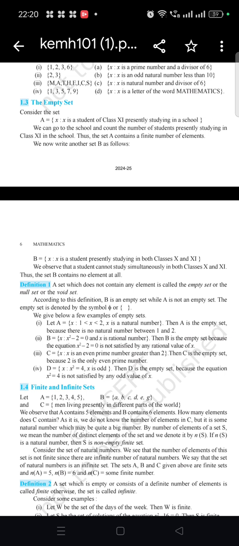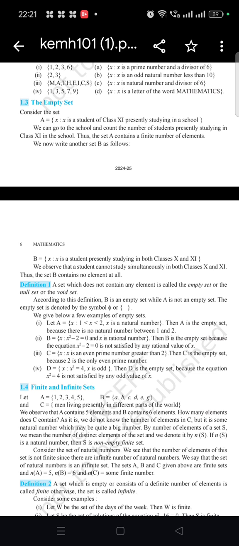But what is empty? Let B be a set where x is an element of that set and x is such that x is a student presently studying in both class 10 and 11.